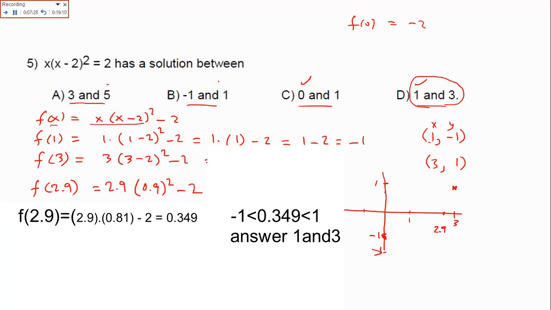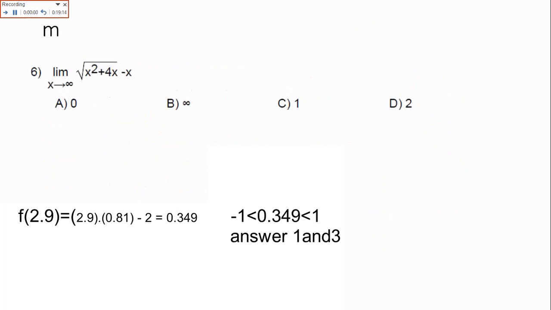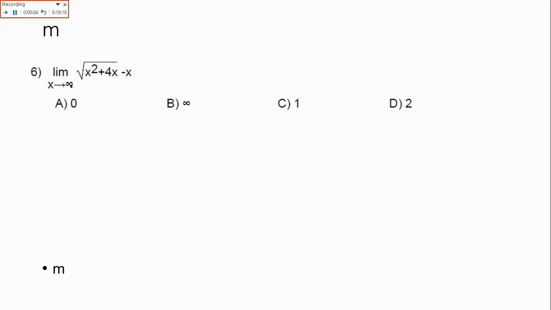Okay, let's go to the next. We have the limit as x goes to infinity of square root of x squared plus 4x, minus x. This, we have to rationalize, by just multiplying by the conjugate. So this will be what?